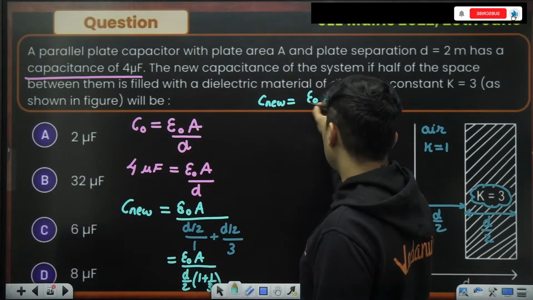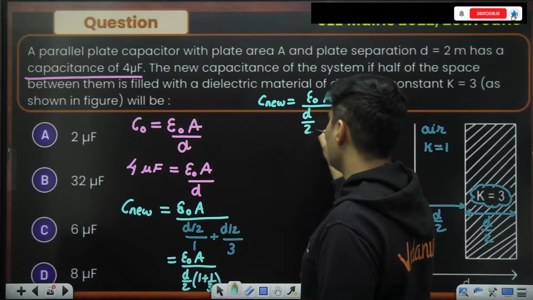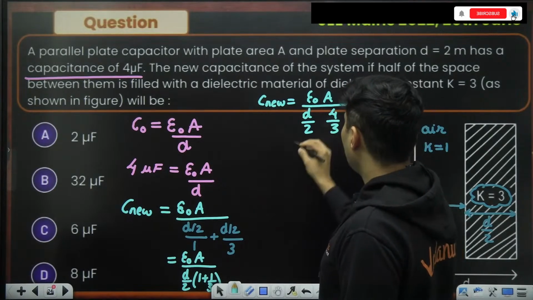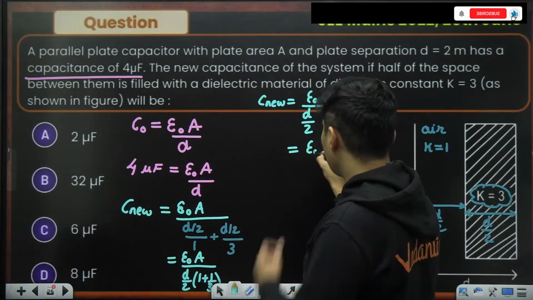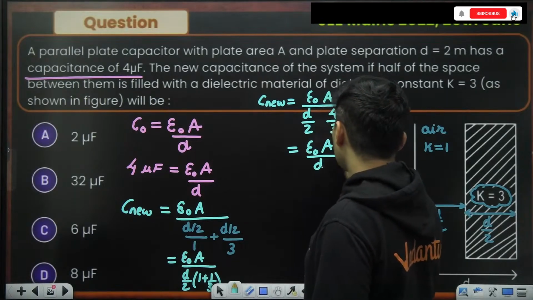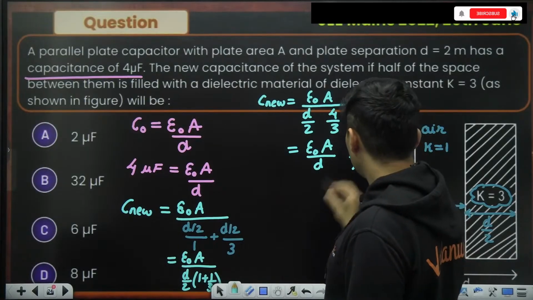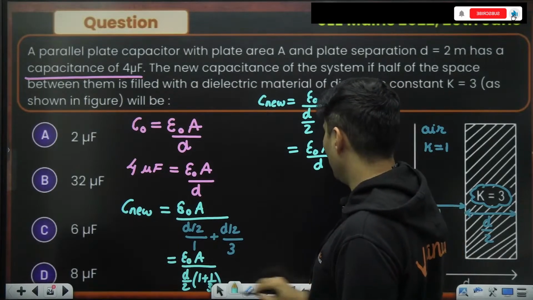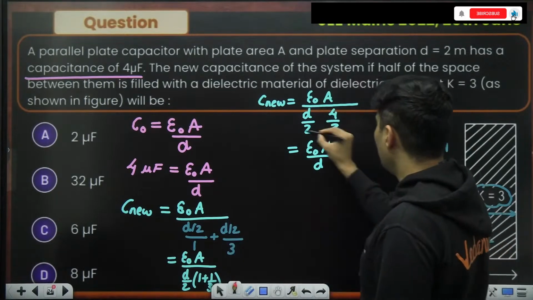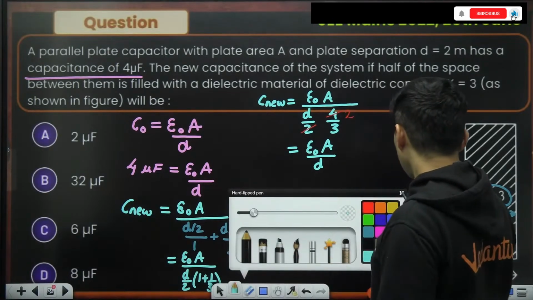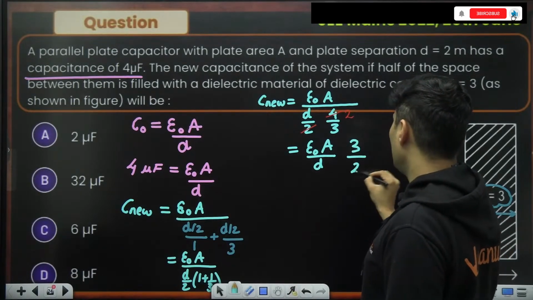Epsilon naught A is there, D by 2 is also there, 1 plus 1 by 3 is 4 by 3. Okay, take it on the top. So it will become epsilon naught A by D, and 2 threes are 6 divided by 4. Or in fact, you can do one thing before shifting it on the top. This 2 will cancel with this 4 two times. So therefore, 3 goes on the top and 2 stays below.